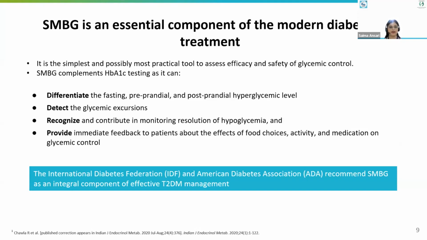It is done to detect glycemic excursions, and it also helps recognize and monitor resolution of hypoglycemia, so that the user can have immediate feedback about the effect of food choices, activity and medication on glycemic control.